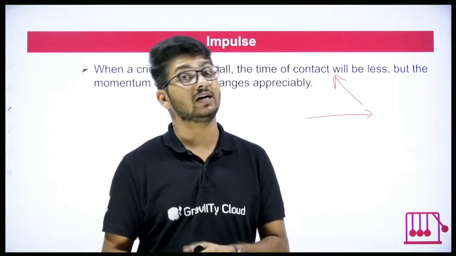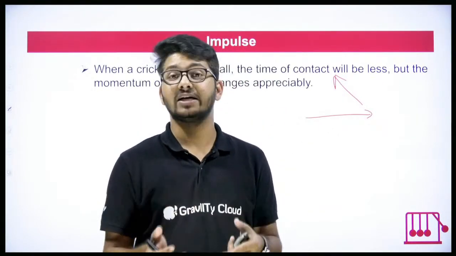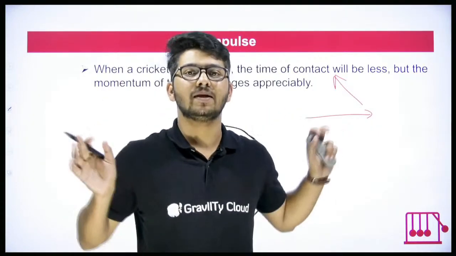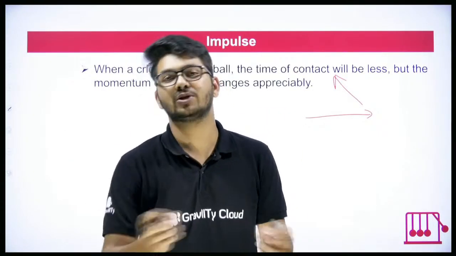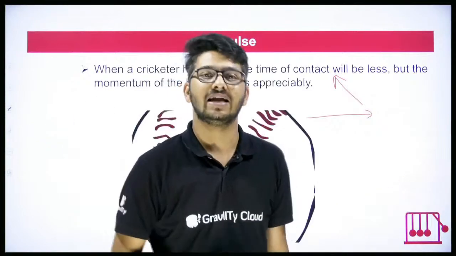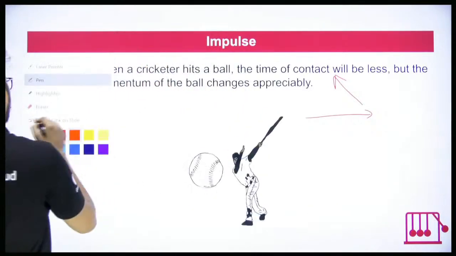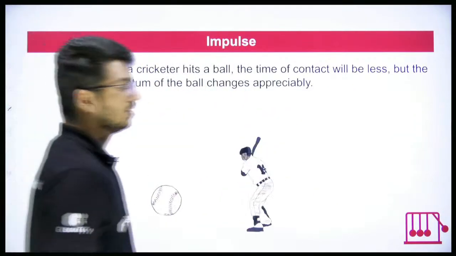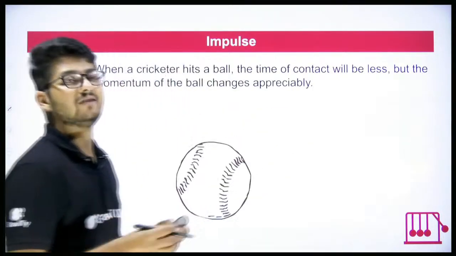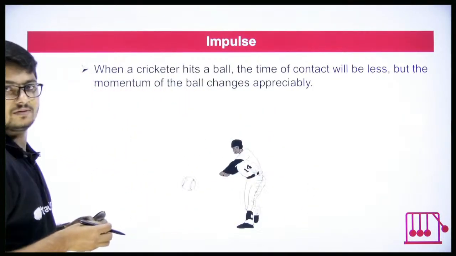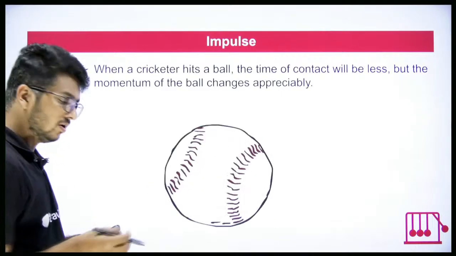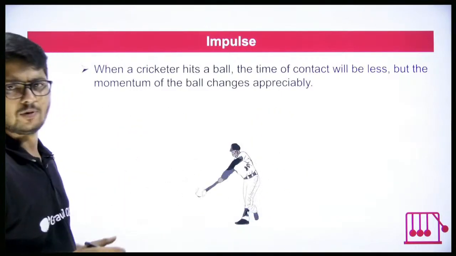But in such cases, what we do is we simply define impulse. We simply subtract final momentum minus initial momentum for the sake of comfort. So in such cases we define impulse. Good? Okay, that's what I'm talking about.